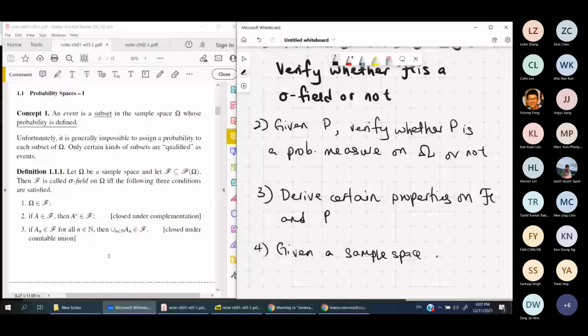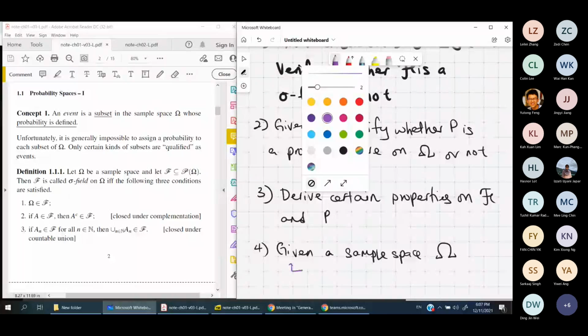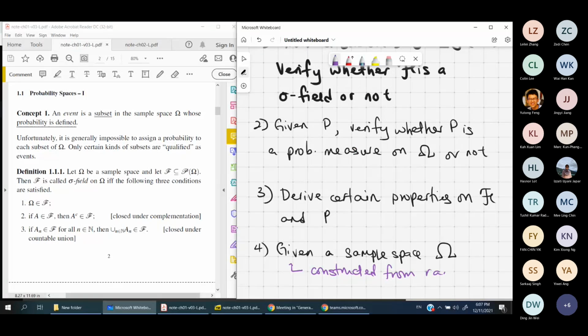Actually it's not given; we can always construct it from the random experiment. We can induce this from our random experiment.